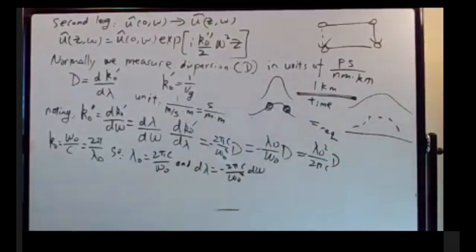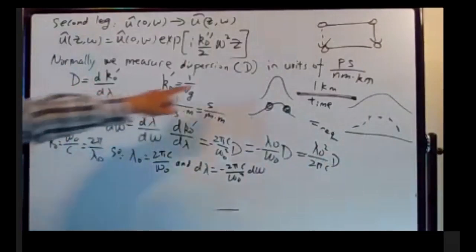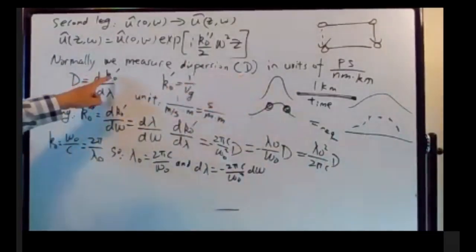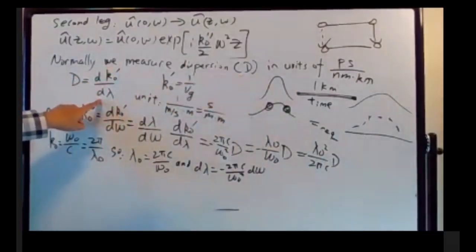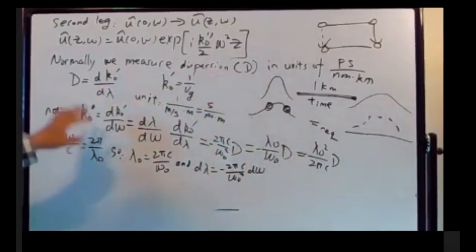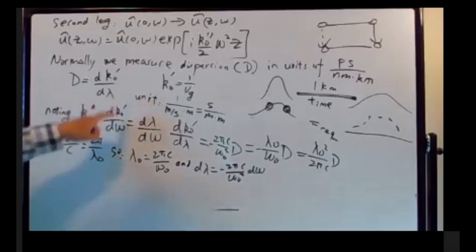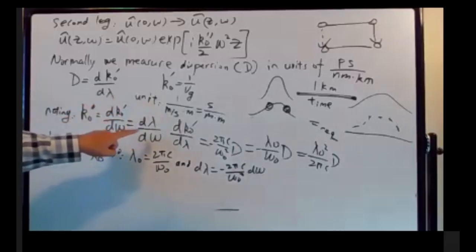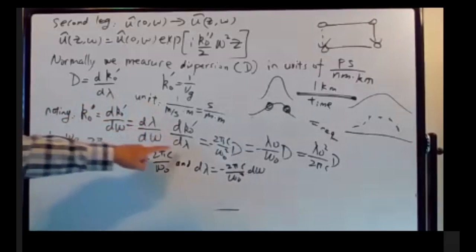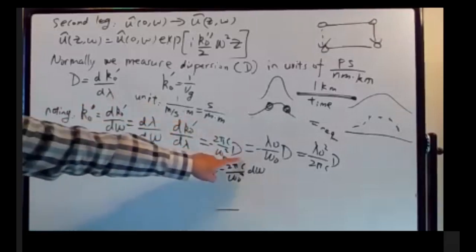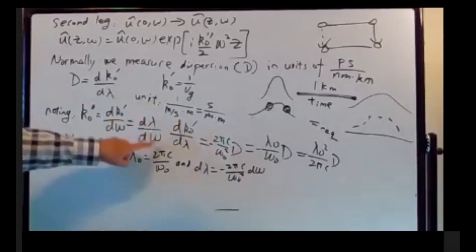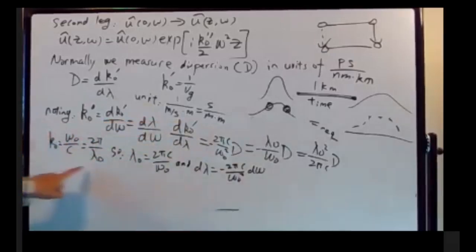So basically, we introduce the dispersion D as dk naught prime over d lambda. But when we take the Fourier transform, the Taylor expansion, what we did is k naught prime d omega. So we need to convert d omega to d lambda, right? So this piece, capital D, is the dispersion. For d lambda over d omega, we can use this wave number relationship.